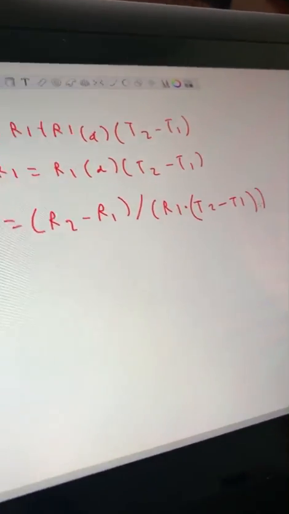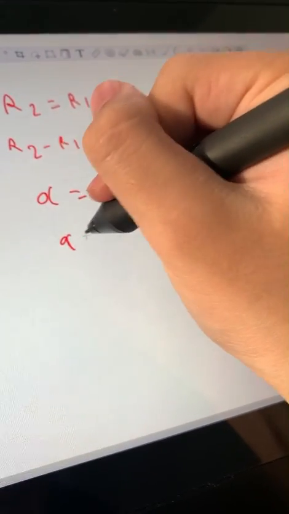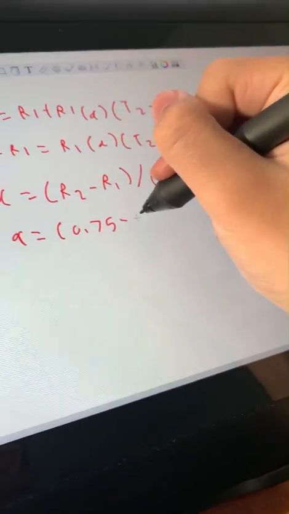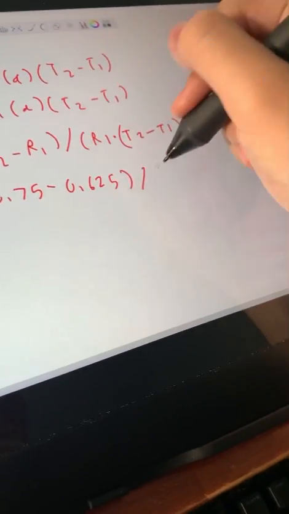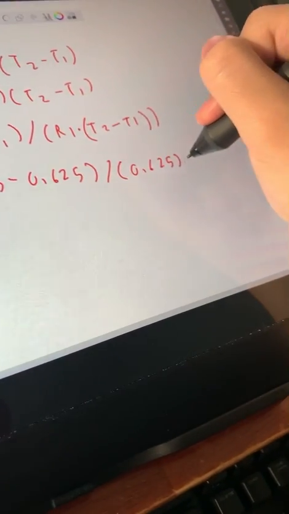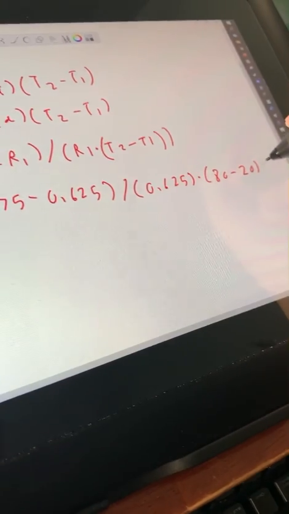And if we fill in the values for this, we will get alpha equals 0.75 minus 0.625 divided by 0.625 times 80 minus 20.